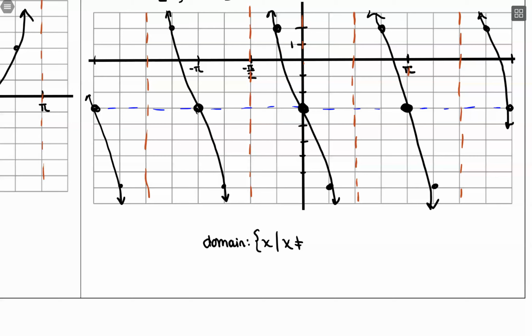So what I'm going to do is write this as we cannot be equal to pi over 2 or any added increment of pi, where k is an integer.